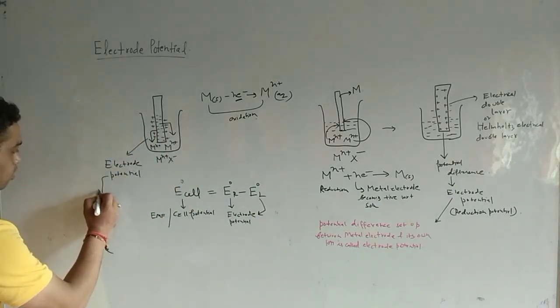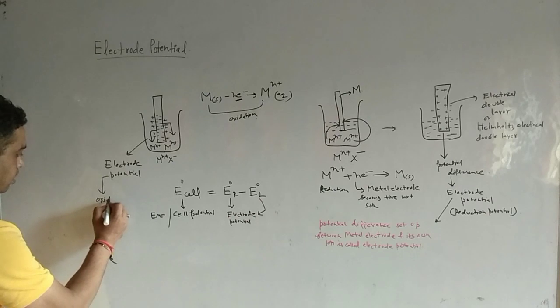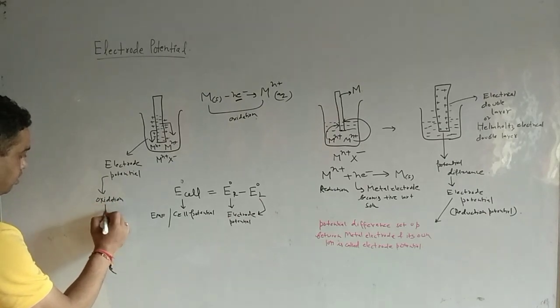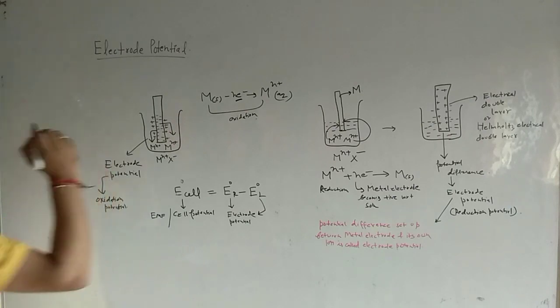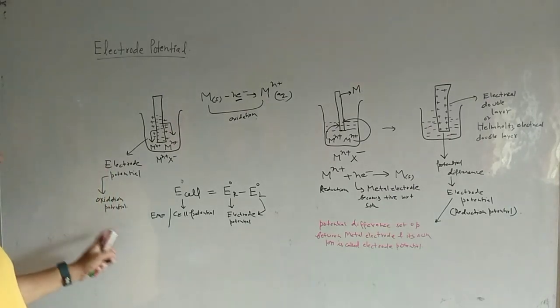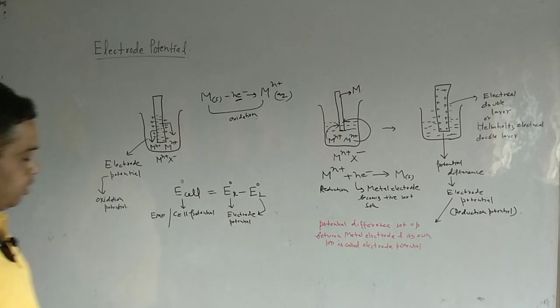So this electrode potential is known as oxidation potential. Oxidation potential, right? This oxidation potential is also an electrode potential.